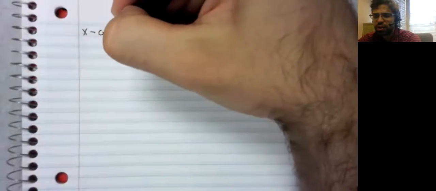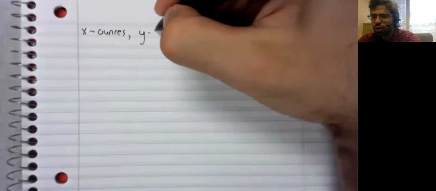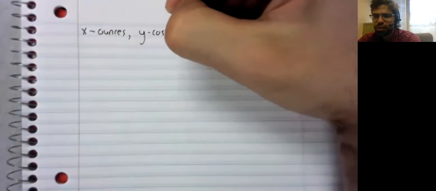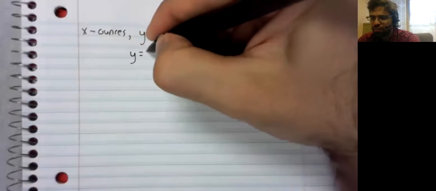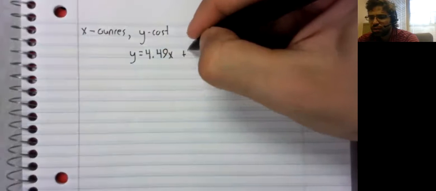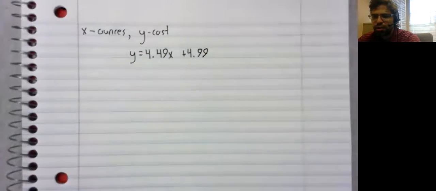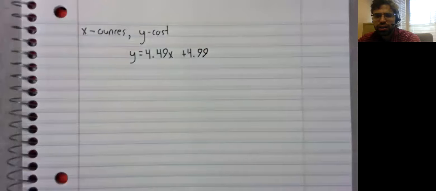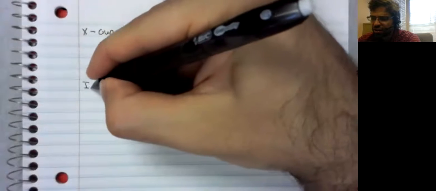X will be the number of ounces we order. Y will be the cost. So we've set up this equality, this equation.